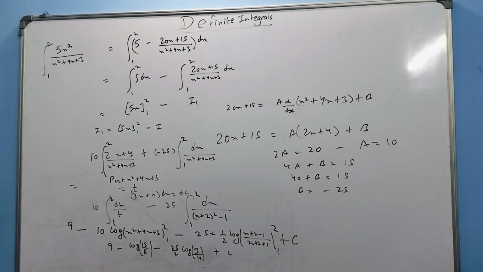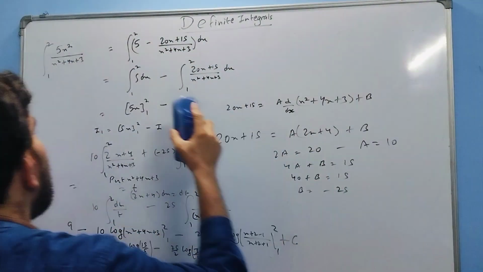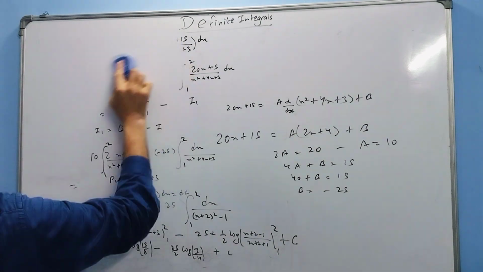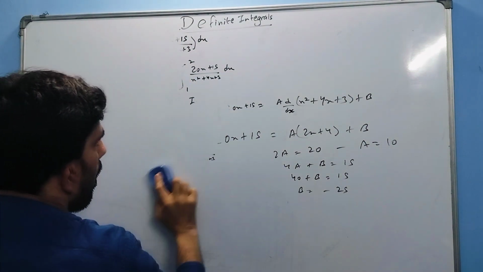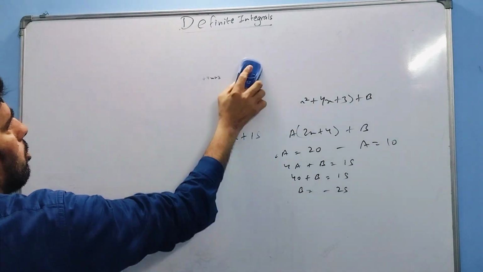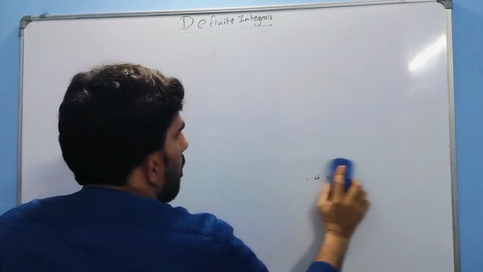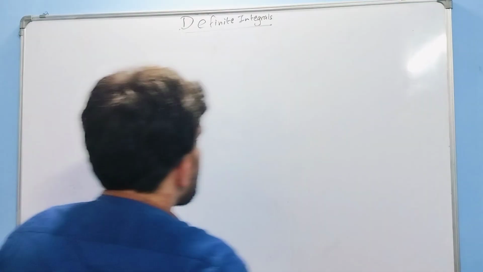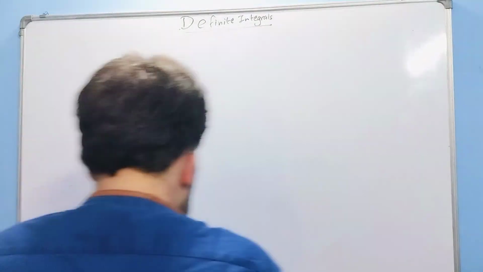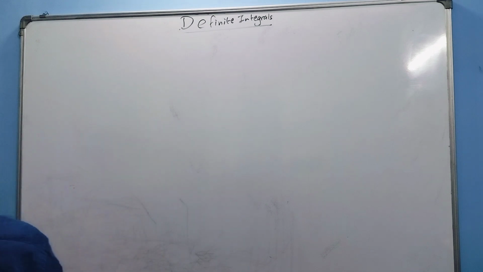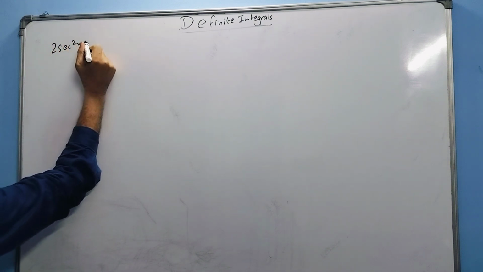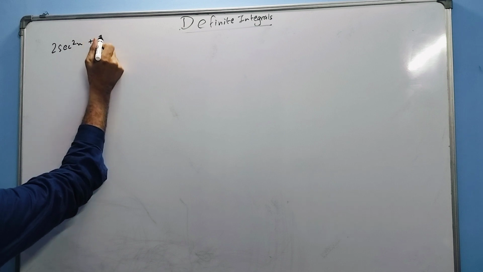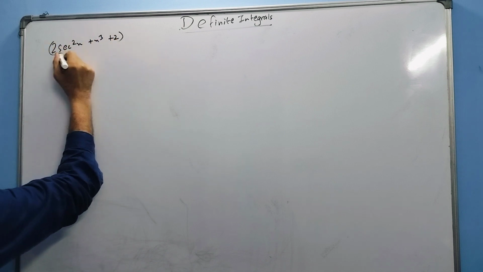Now we'll try to solve another numerical that is based on definite integral. Now let us see how we can try to solve. Now we have another question here, let us see what the question is. 2 sec square x plus x cube plus 2 dx.